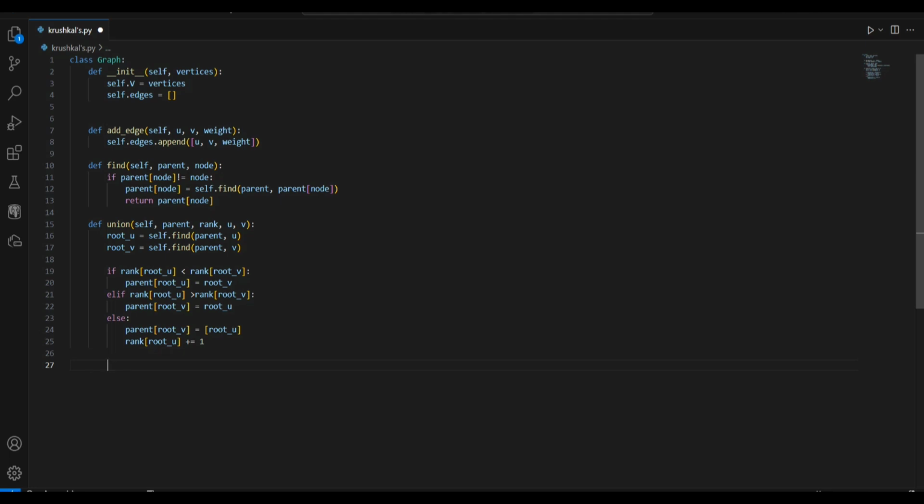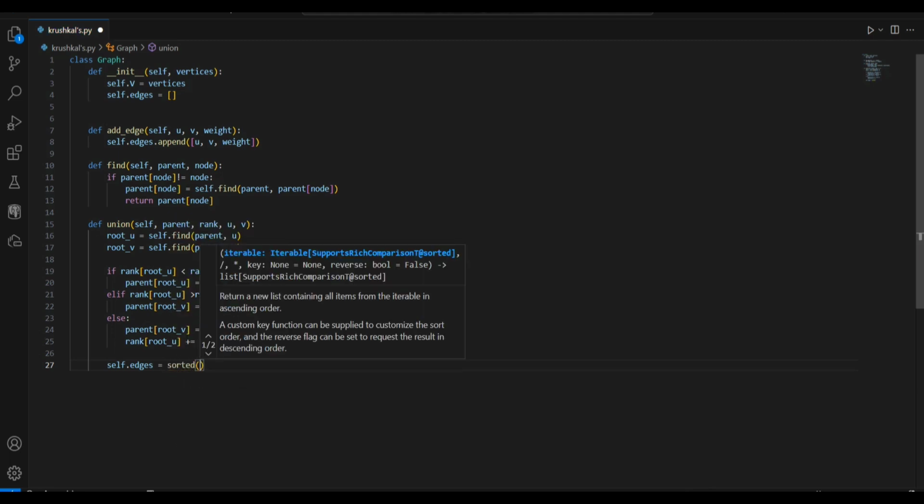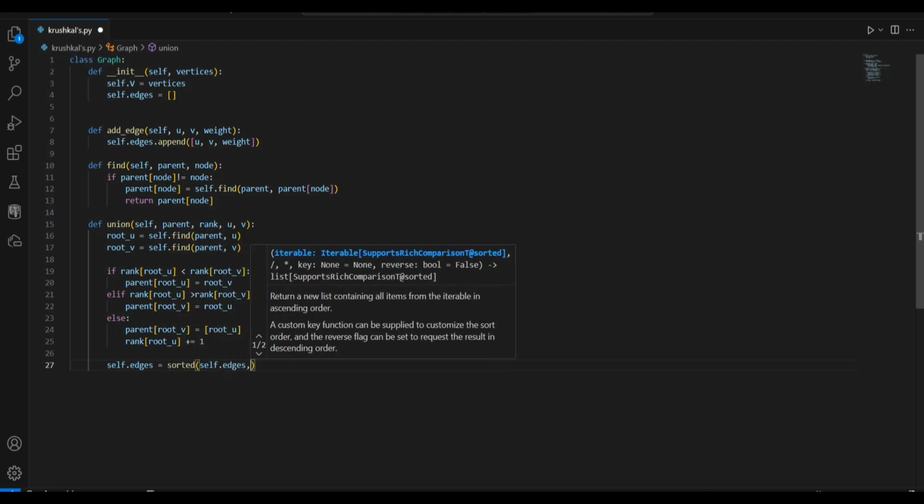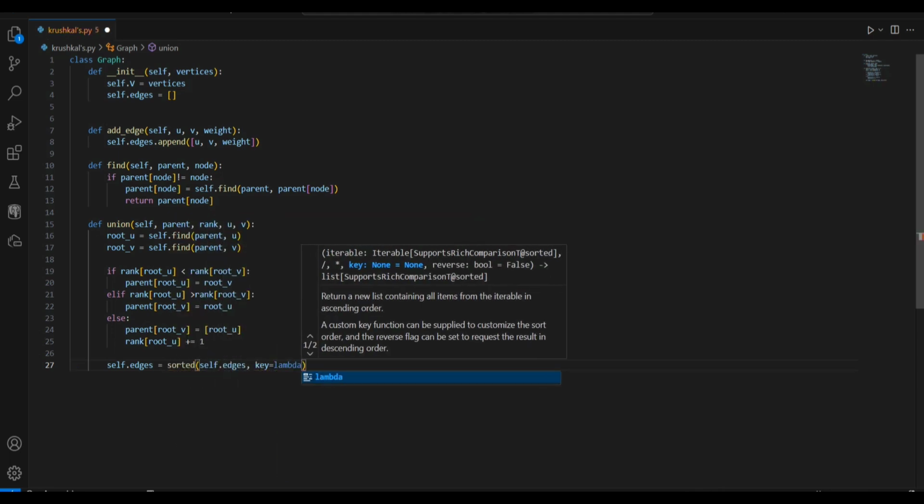Next, I need to construct the minimum spanning tree. I write the code for the minimum spanning tree. That is, we need to initialize an empty mst. It stores the edges including the minimum spanning tree.